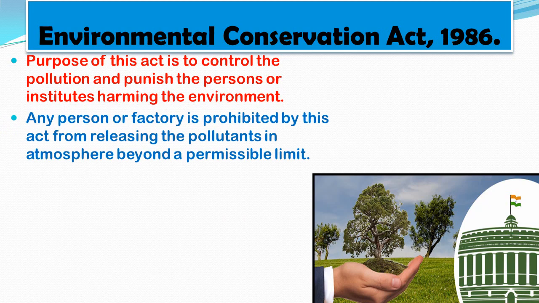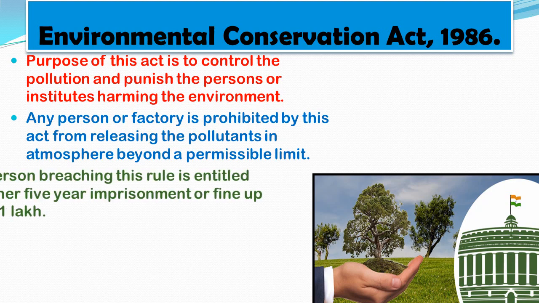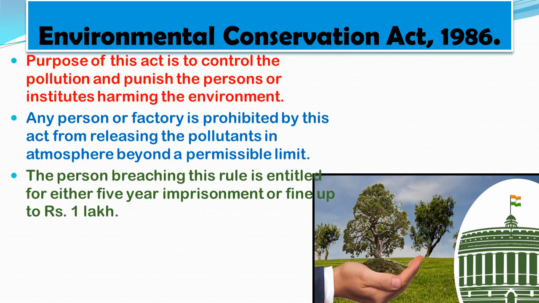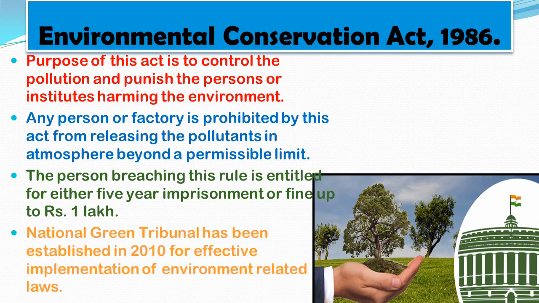Any person or factory is prohibited by this act from releasing pollutants in the atmosphere beyond a permissible limit, and the person breaching this rule is liable for either 5-year imprisonment or a fine up to rupees 1 lakh. A National Green Tribunal was established in 2010 for effective implementation of environment related laws.